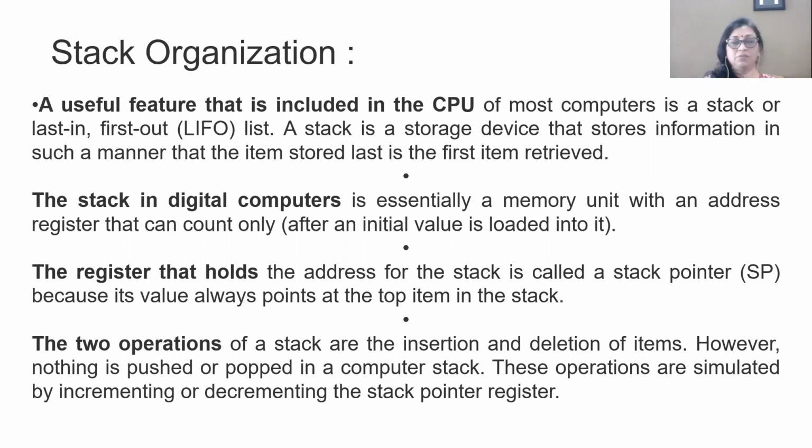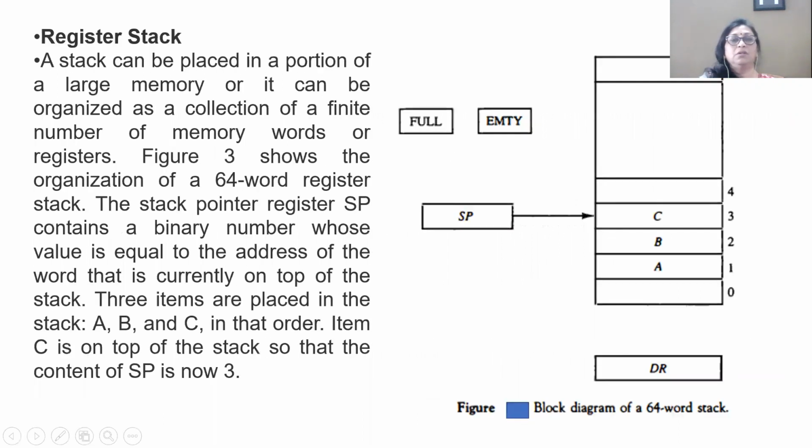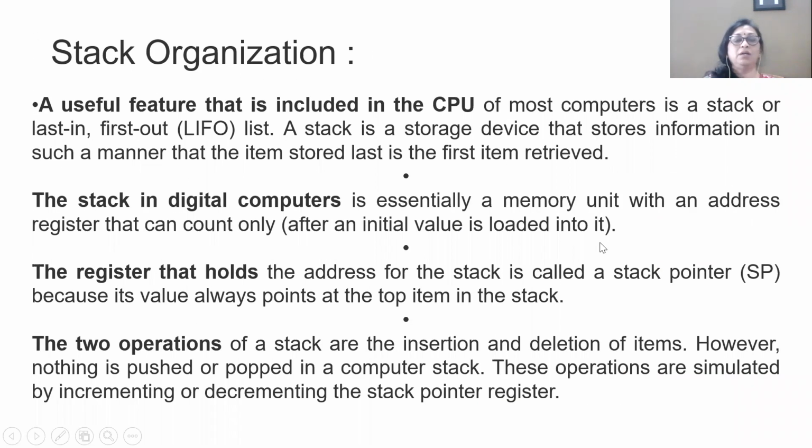So these three things we studied yesterday, and today we are going to study what is called stack organization. Almost all CPUs use a feature which is called a stack. Stack is nothing but a type of memory.